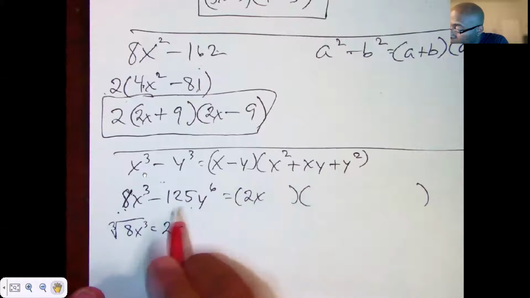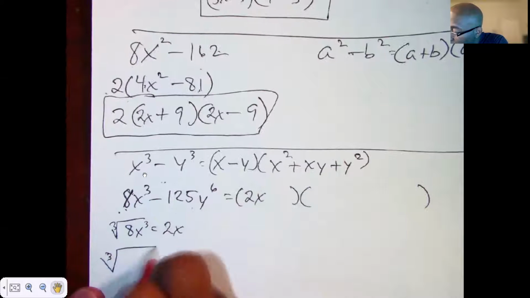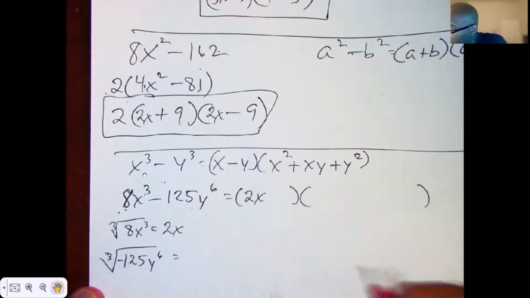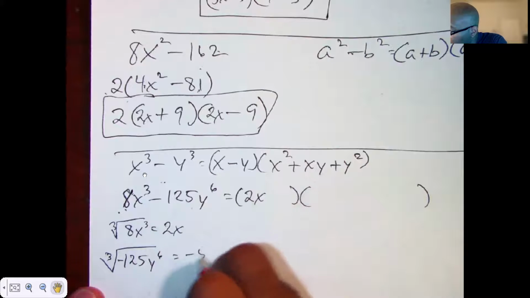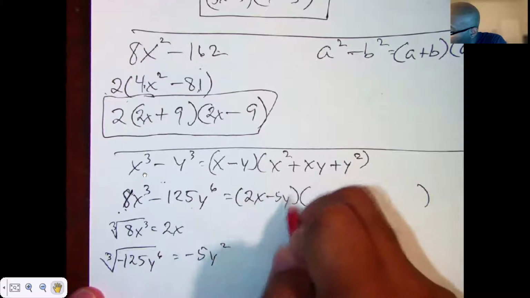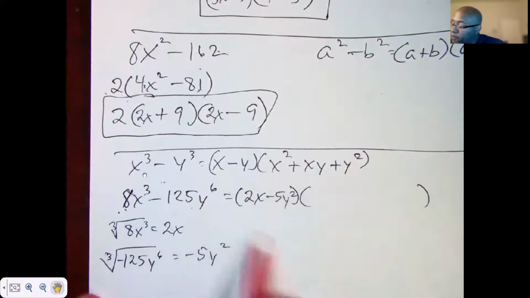And the cube root of negative 125y to the 6 is going to be negative 5y to the second. So that's your first form.